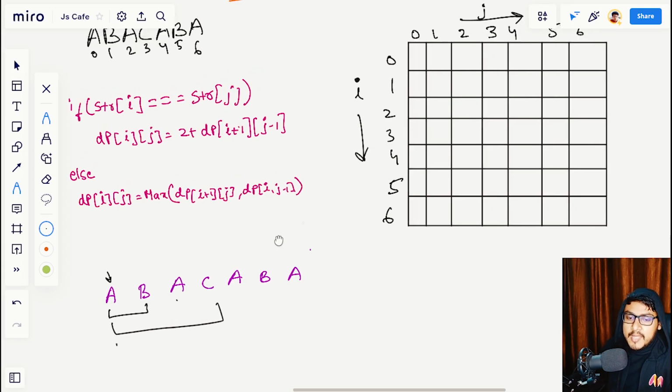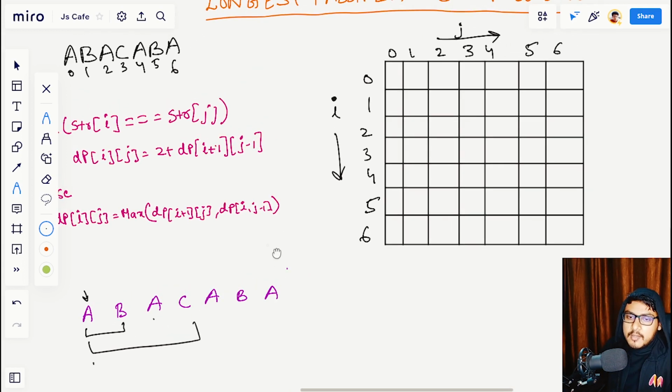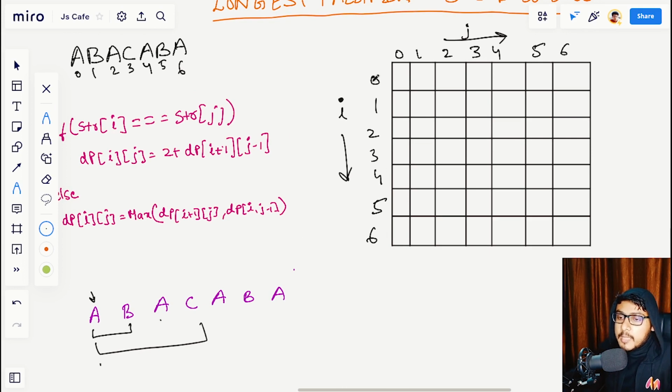So a DP table is created with I over here and J over here. I goes from 0 to 6, which is the length of the string, and J also goes from 0 to 6. So this is the DP table we created for each and every iteration.